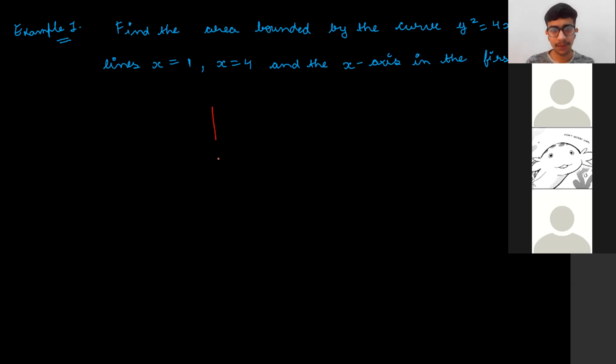Okay. So basically y square equal to 4x is a parabola, and because we only need the area in the first quadrant, the parabola will look something like this, right? The parabola also goes down in the negative y axis, but because we want the area of the first quadrant, the parabola would look something like this. We can create this as well. So from x equal to 1 to x equal to 4.